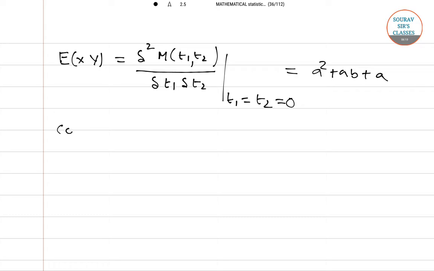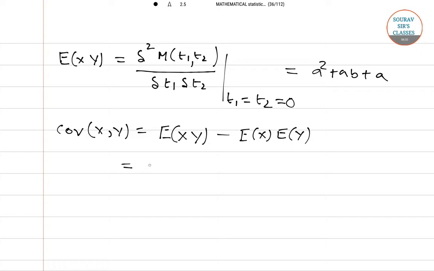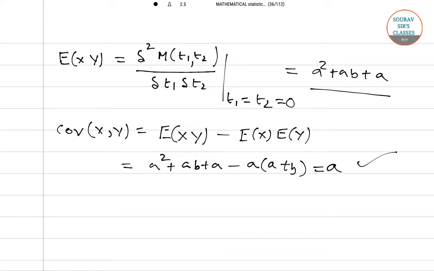So from here we can find the covariance of x comma y. Covariance of x comma y is nothing but expectation of xy minus expectation of x times expectation of y. We put in the value of expectation of xy, a square plus ab plus a, and subtract a times (a plus b). If you solve it, we find the value to be equal to a. So we are done with the covariance of xy.